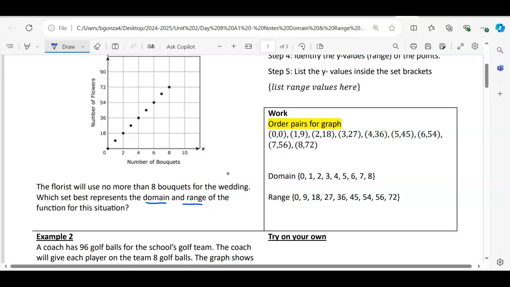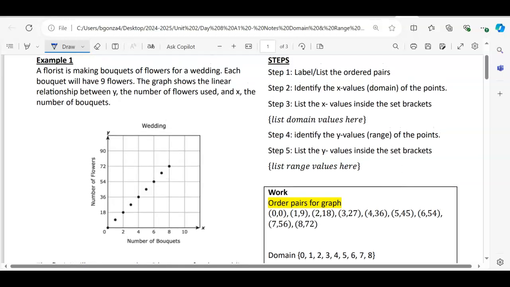Now I know everything's already typed off to the right here, but I want you to look at the top. Step 1, how do I solve a problem like this? You need to list the ordered pairs. Right here, this is step 1. Do you see that they took this graph and turned it into a bunch of points?